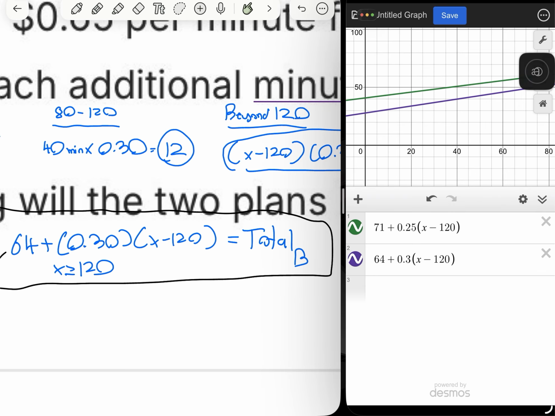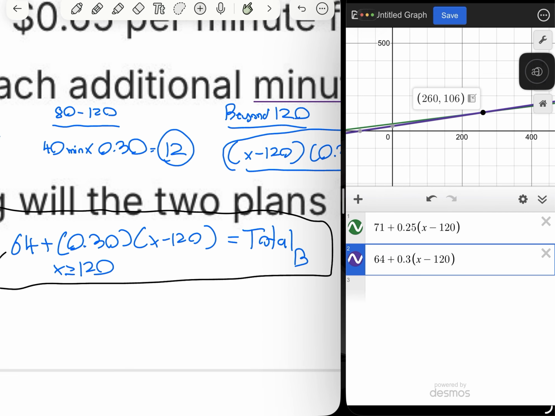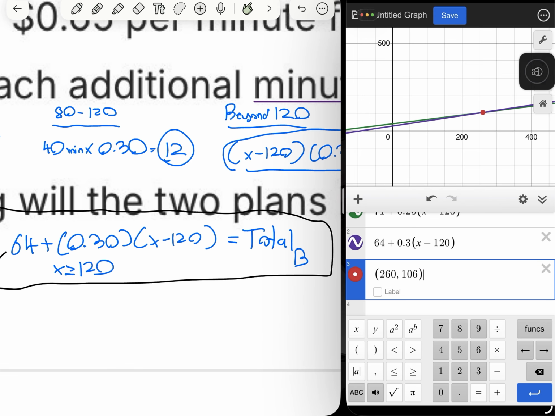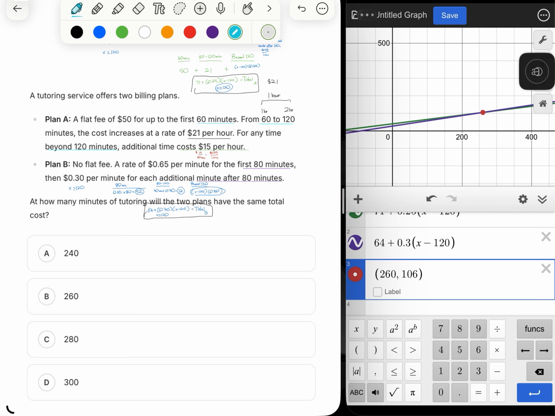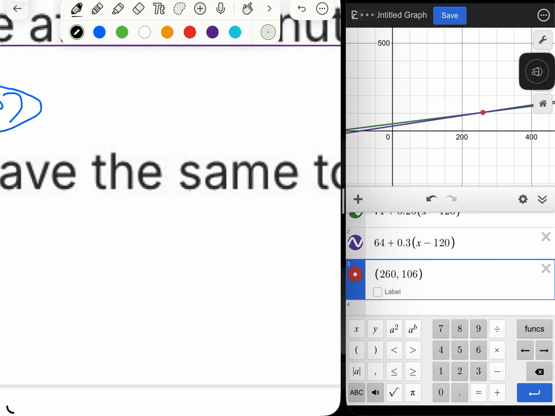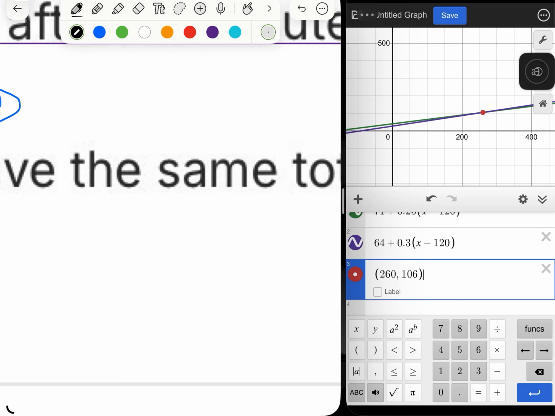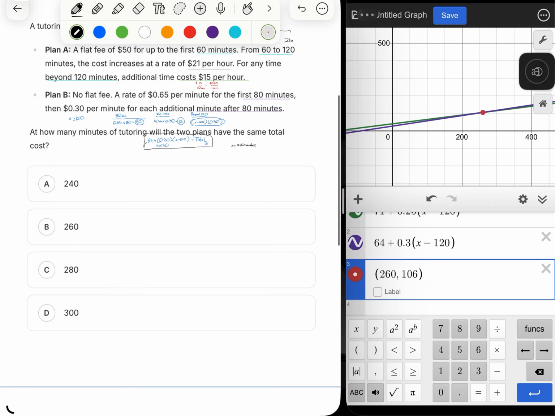Then you get these two lines, and if you look at the intersection point, it's at 260, 106. So these equations intersect with each other, and the system has a solution at x equals 260. That's going to be minutes. So after how many minutes? 260, which is answer choice B.